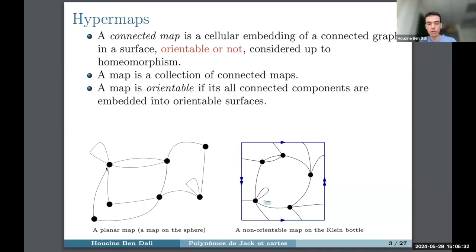So we cannot have an edge which is incident to two faces of color plus or two faces of color minus. Usually one of the two colors gives the faces of the hypermap, and the other gives the hyperedges of the hypermap. Here, to see the symmetry of the problem, I prefer to use these colors plus and minus.